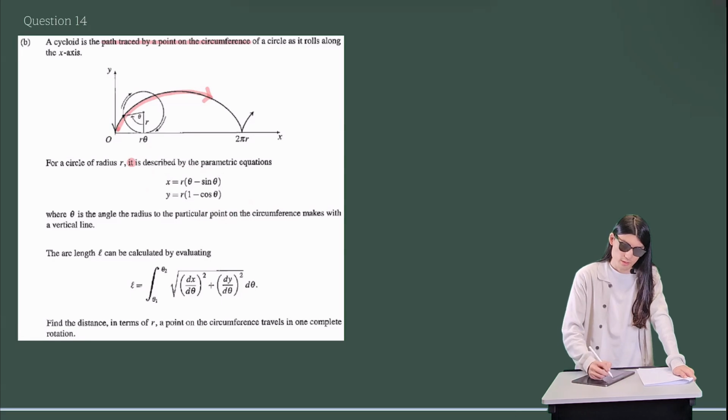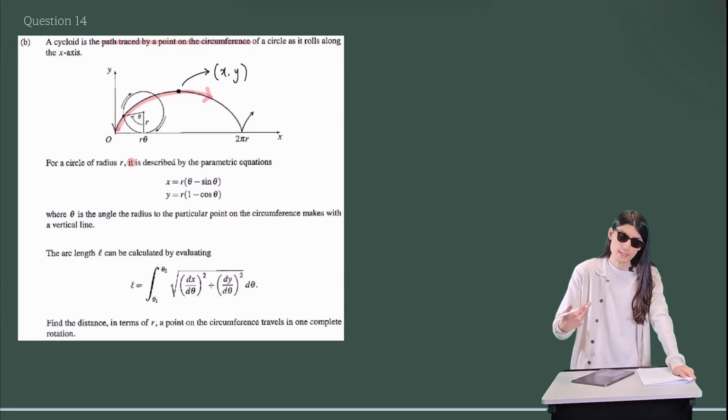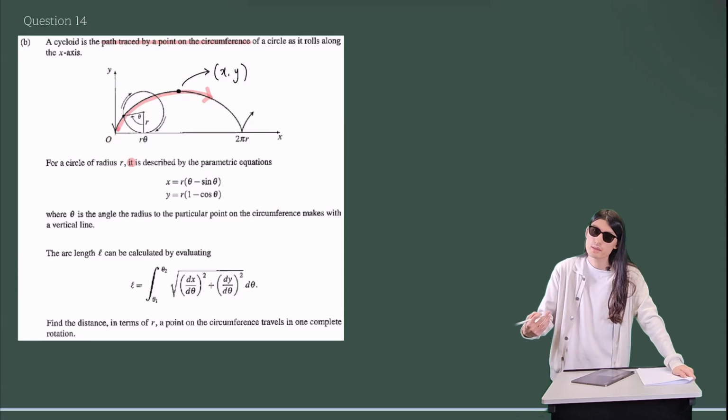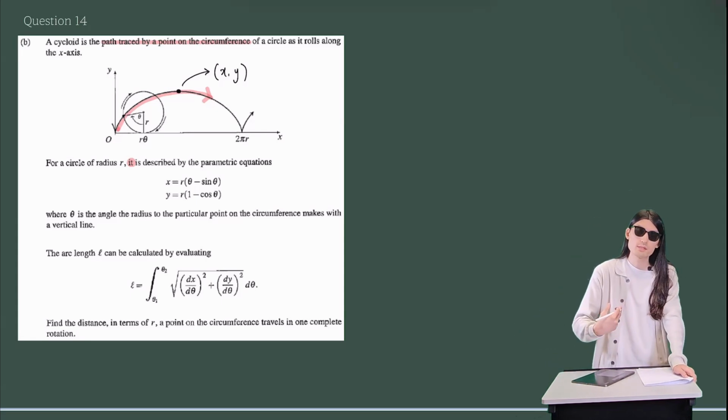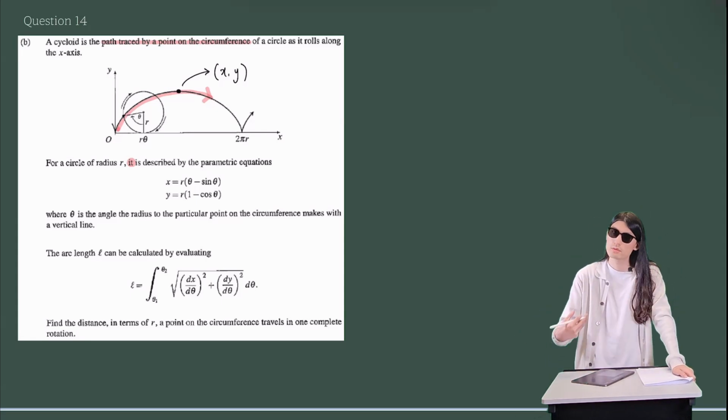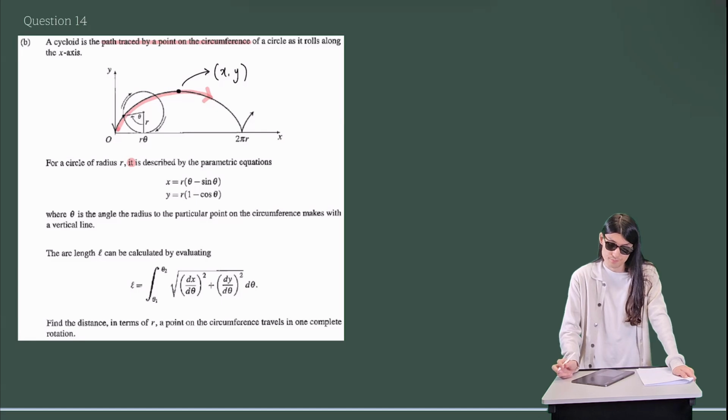So essentially what that means is that you pick any point. You literally pick any point on the cycloid. Each of these points has an x coordinate of r(theta minus sine theta) and a y coordinate of r(1 minus cosine theta). That's what it is saying. And of course, different points on the path would just correspond to different values of theta, wouldn't it?